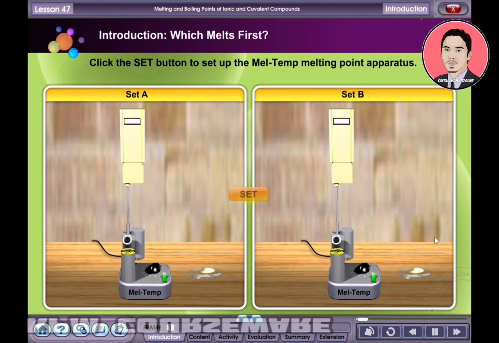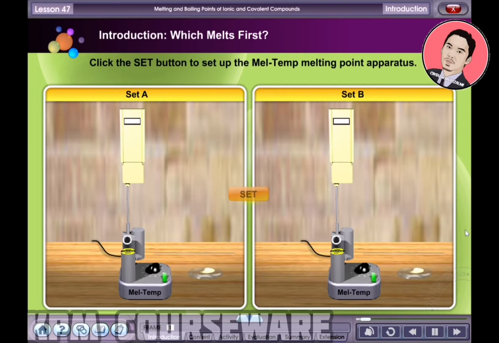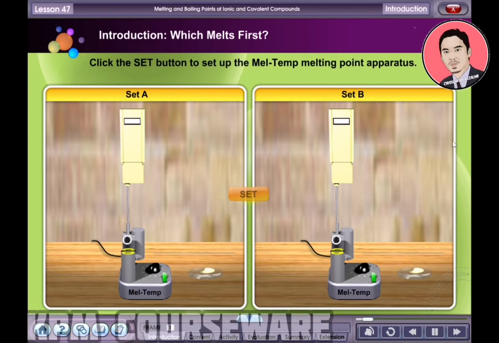Click the Set button to set up the Melt Temp melting point apparatus. Observe the animations carefully.